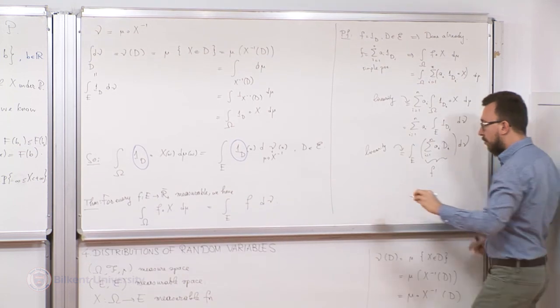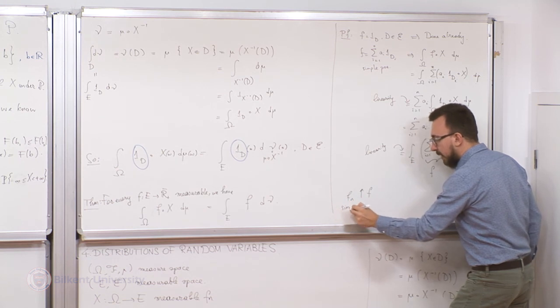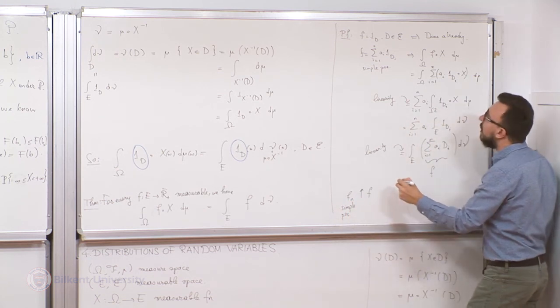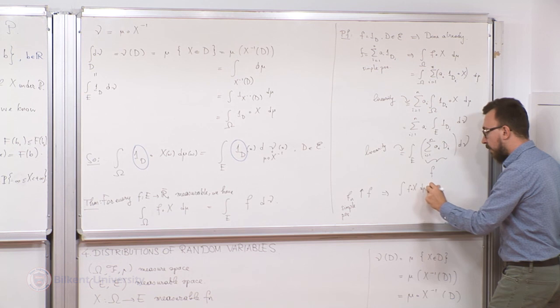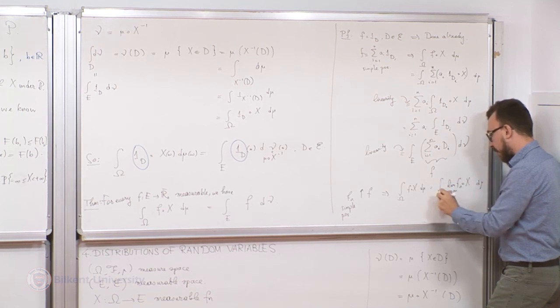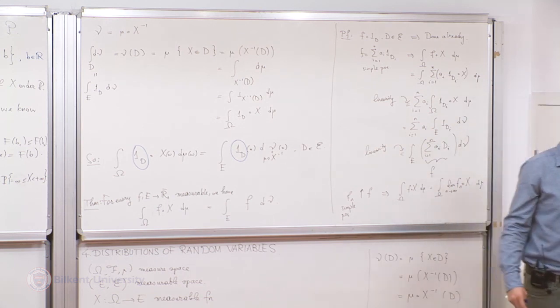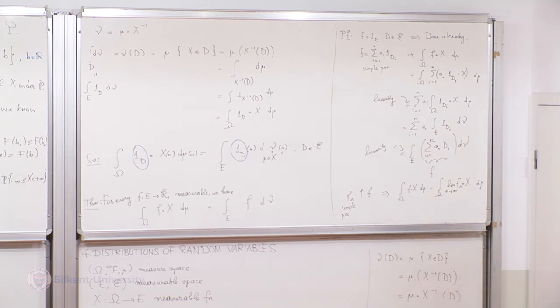And finally, what you need to do is to let f_n converge to f, where f_n is simple positive for each n. In that case, you have the integral of f of X d mu, which is the limit of f_n applied to X, d mu. Now what type of result should we use to swap the order of the limit and the integration? f_n's increase to f, f_n of X's increase to f of X. What is the convergence result that we should refer to?